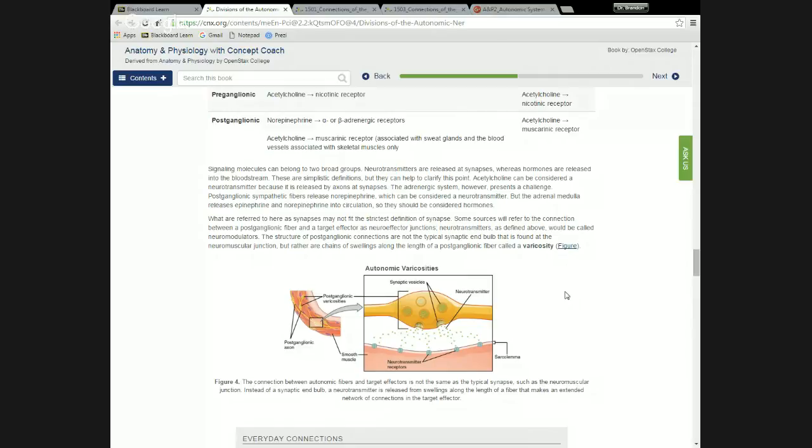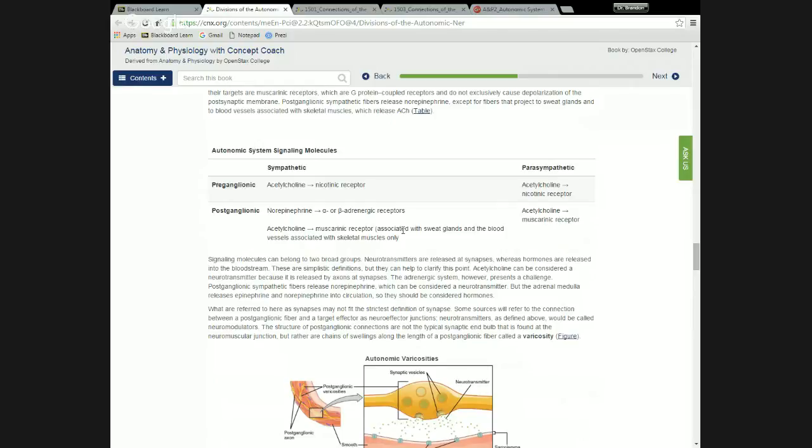Now, where I am going with this, there's a table in the book right here that is titled Autonomic System Signaling Molecules. Okay. Now the term signaling molecule is a broad term that would apply to neurotransmitters or hormones, as far as we're going to use it in this course.